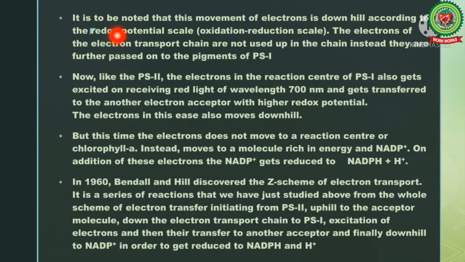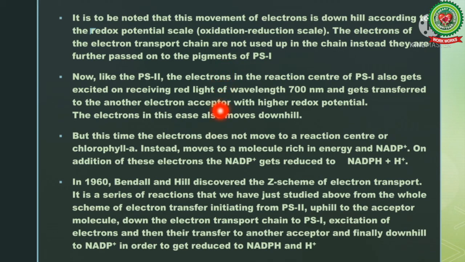It is to be noted that this movement of electrons is downhill according to the redox potential scale, that is, the oxidation reduction scale. The electrons of the electron transport chain are not used up in the chain; instead, they are further passed on to the pigments of photosystem 1.